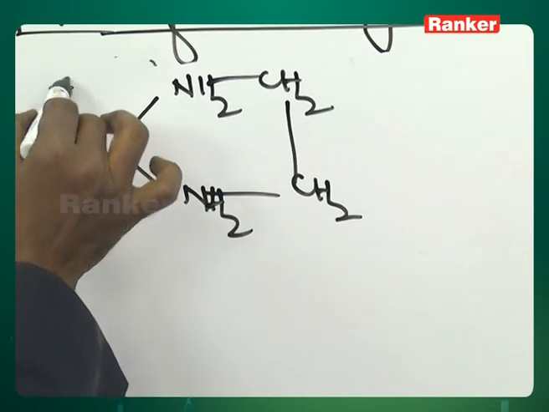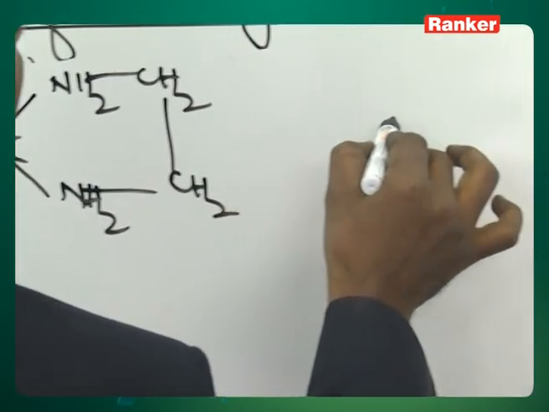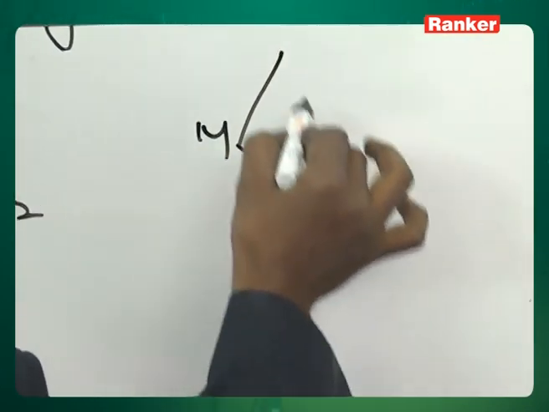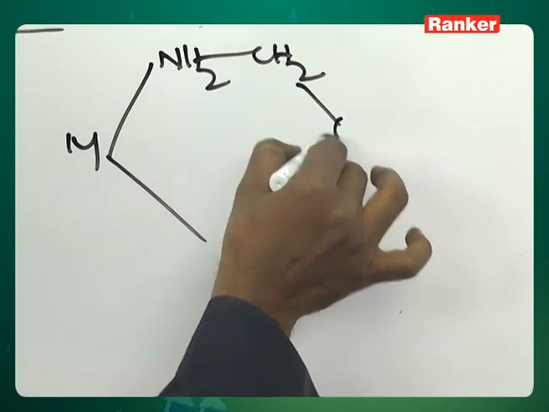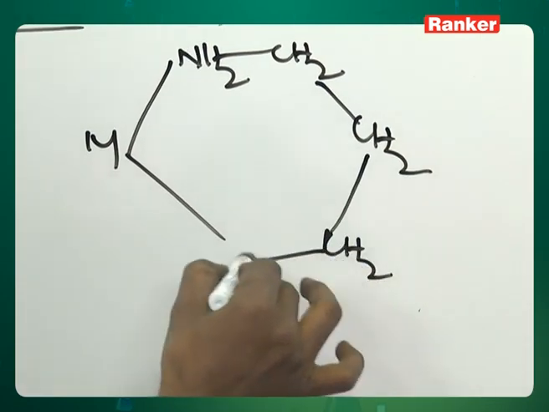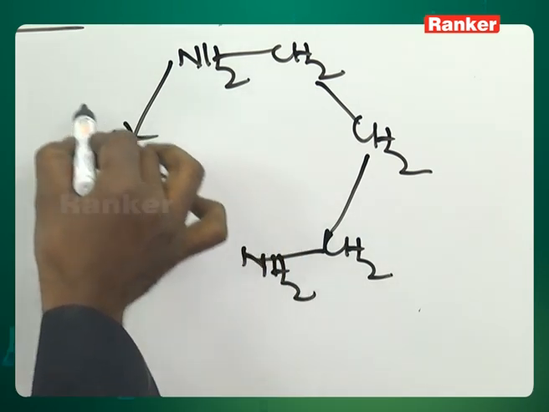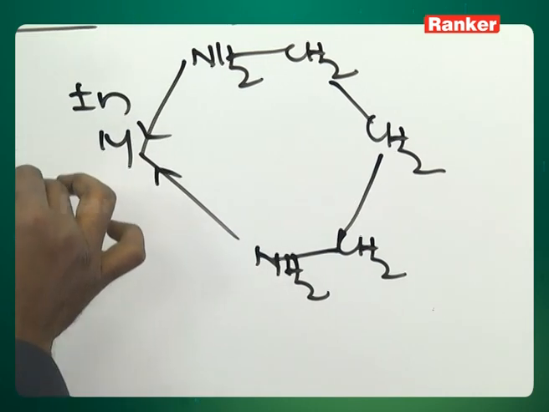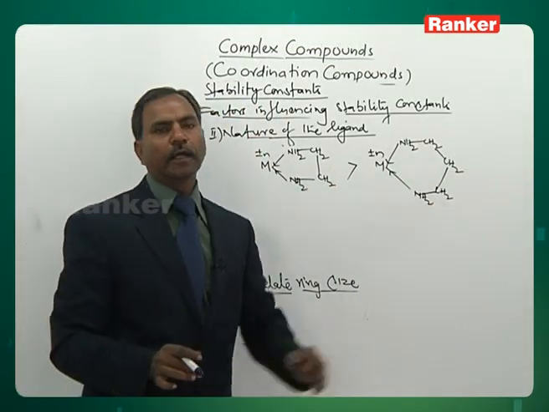M-en complex. Then the M-tn complex I am writing, look here, tn, trimethylene complex. M-en complex is more stable than what?